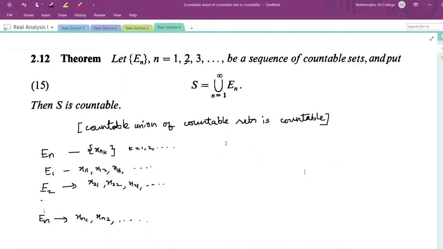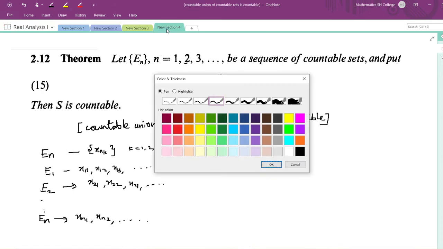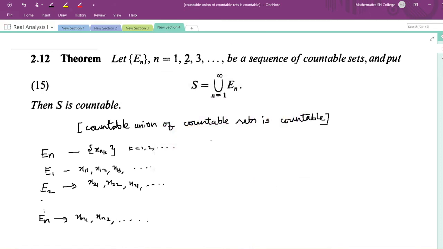So I can also write like this. Suppose I write x11, x12, x13, x14, and so on.